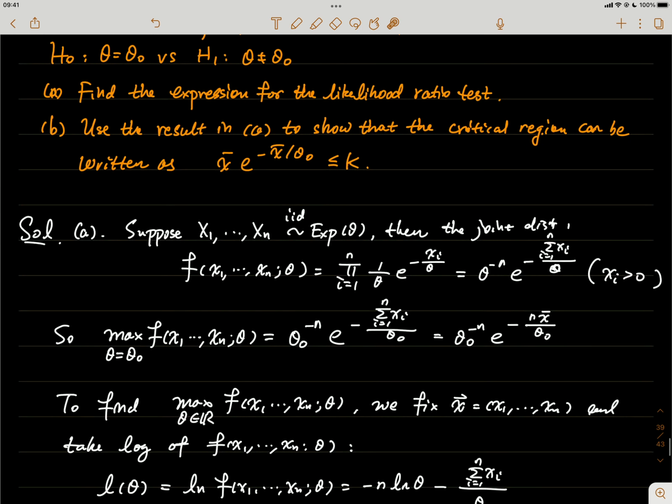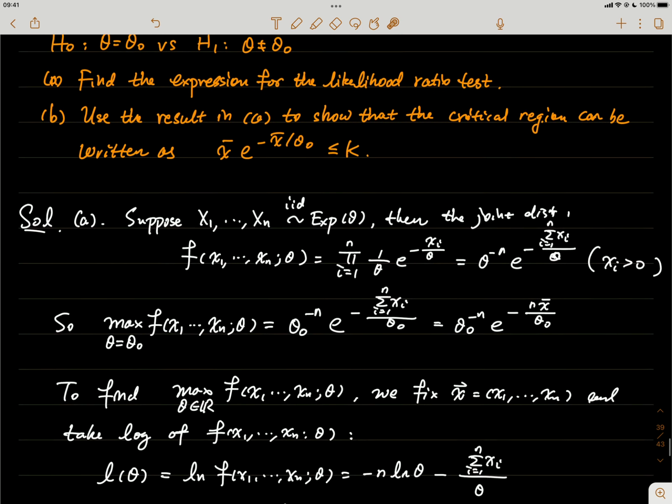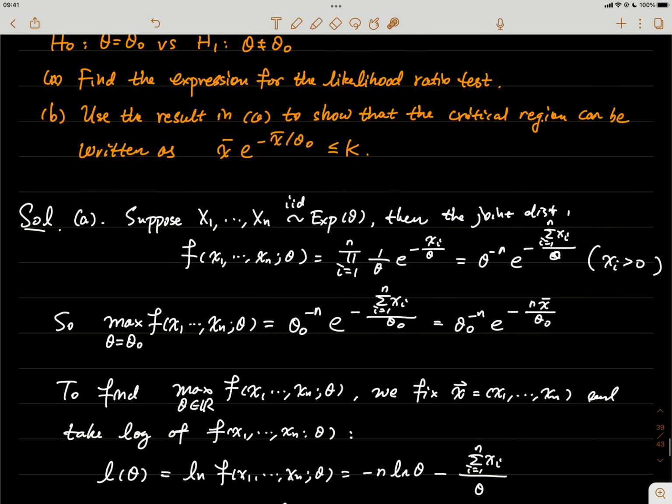So what is the likelihood ratio test? The likelihood ratio test is to take the ratio of two things. One thing is the maximum value. For every fixed x, where x is actually a vector x1 through xn, we want to find the maximum value of this joint distribution over the region specified by the null hypothesis.